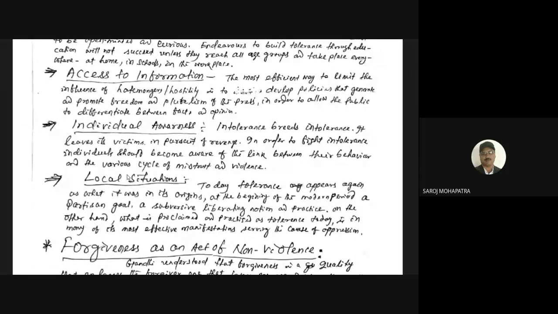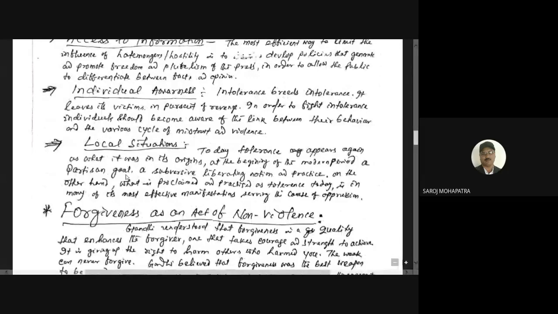In order to fight intolerance, individuals should become aware of the link between their behavior and the various cycles of mistrust and also violence. Local situations: today tolerance appears again as what it was in its origin at the beginning of the modern period.